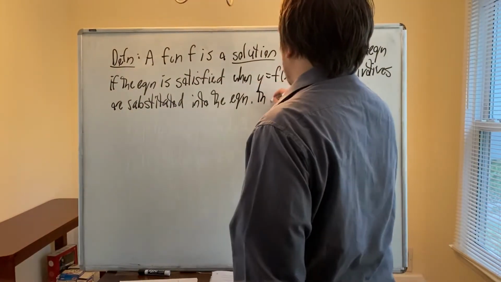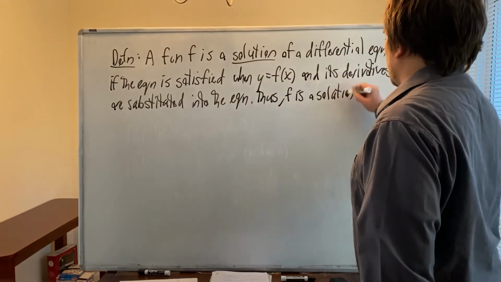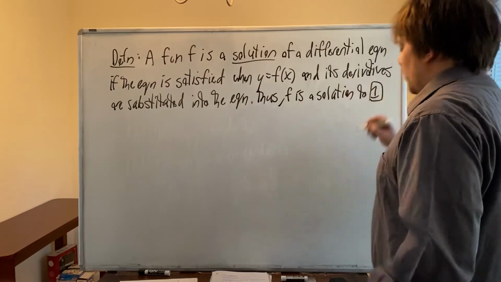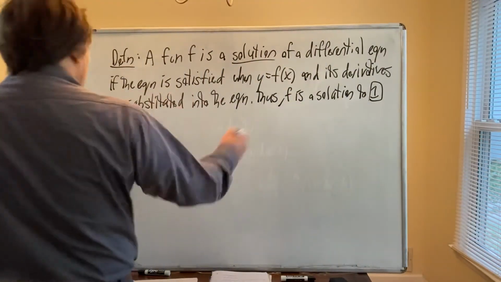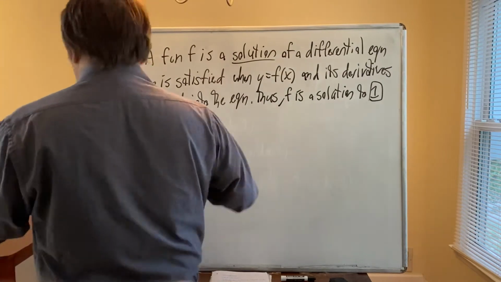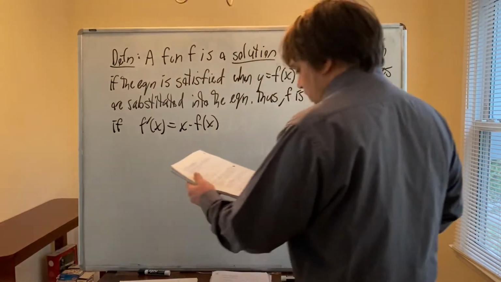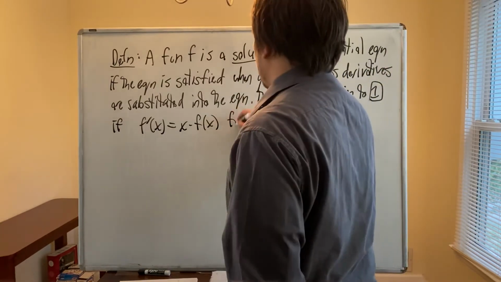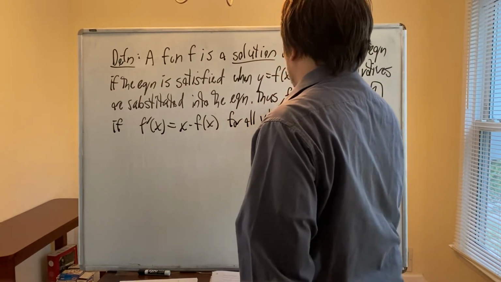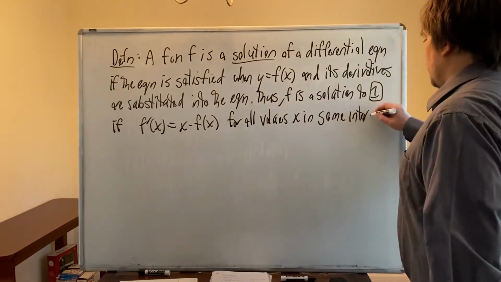Okay, so thus f is a solution to equation 1 if f prime of x is equal to x times f of x for all values x in some interval.